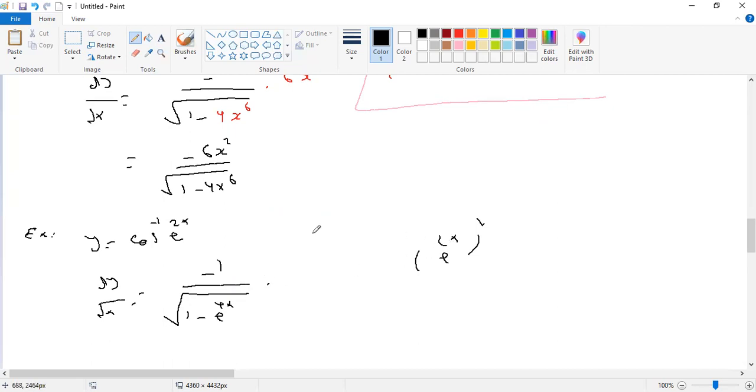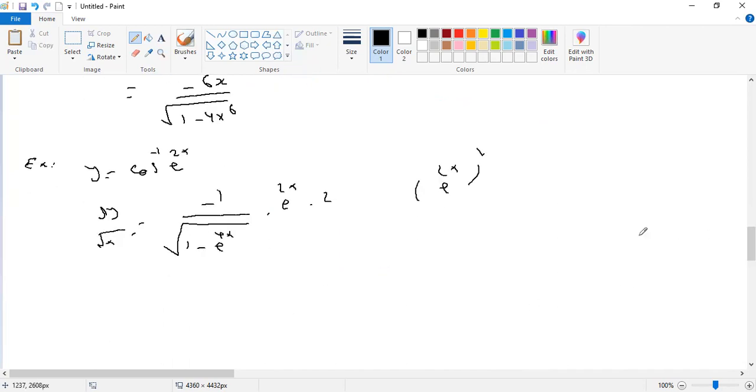Multiply by the derivative of e to the 2x. e is the same, and the derivative of the power is 2. So the answer is minus 2e to the 2x over the square root of 1 minus e to the 4x.